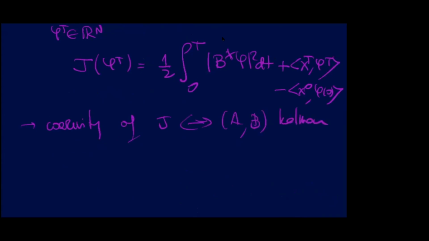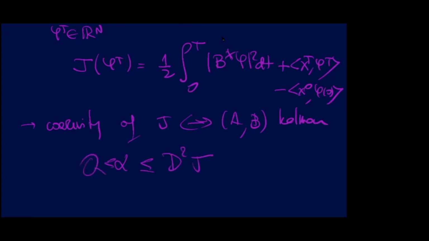And the coercivity of J is precisely the first condition we have imposed when we set up the two hypotheses for the convergence of the steepest descent algorithm. The first condition we imposed was that the Hessian of J was above some alpha. And this is precisely the coercivity.